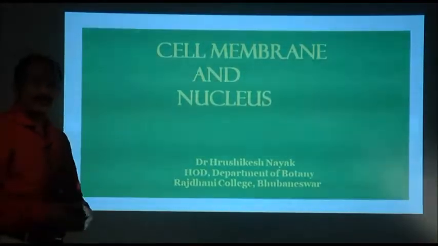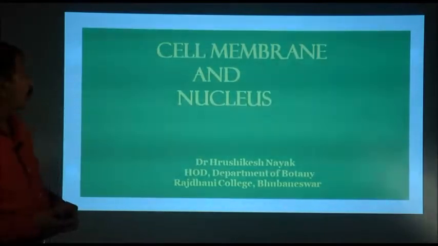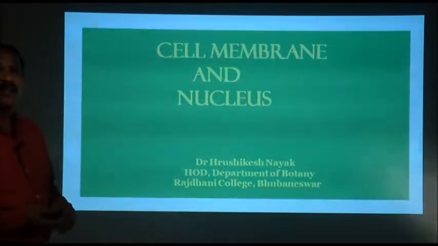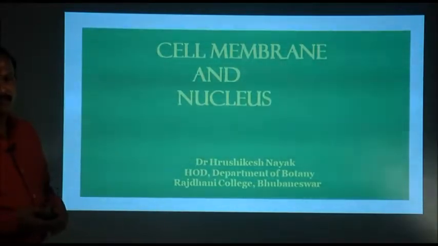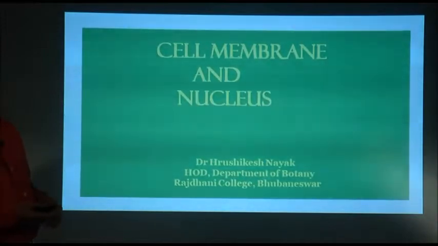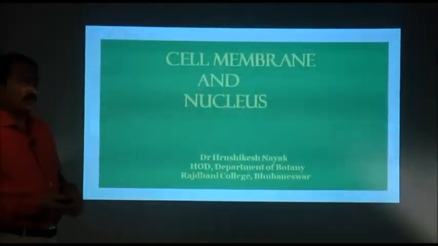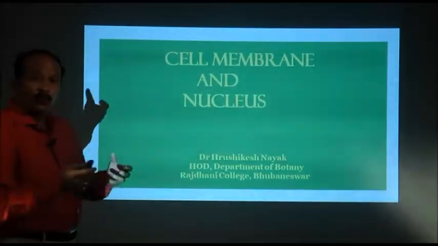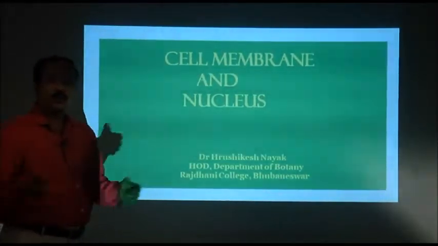Dear students, in the previous class we discussed a lot about plant cell structure. There are several components of the plant cell as well as animal cells. In the same class we also discussed prokaryotic cells as well as eukaryotic cells.